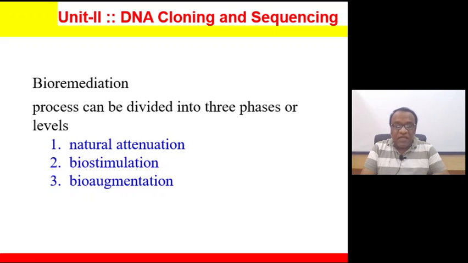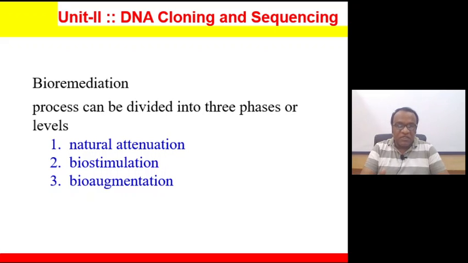So what happens in natural attenuation? Through natural attenuation, the contaminants are reduced by the native microorganisms without any human augmentation or any involvement of human activity. That is called natural attenuation.